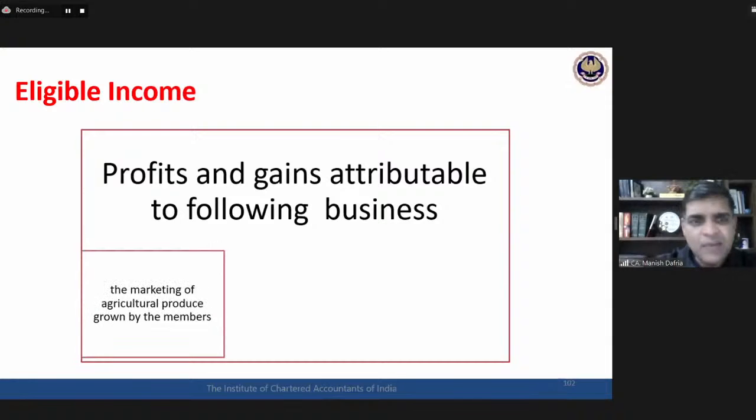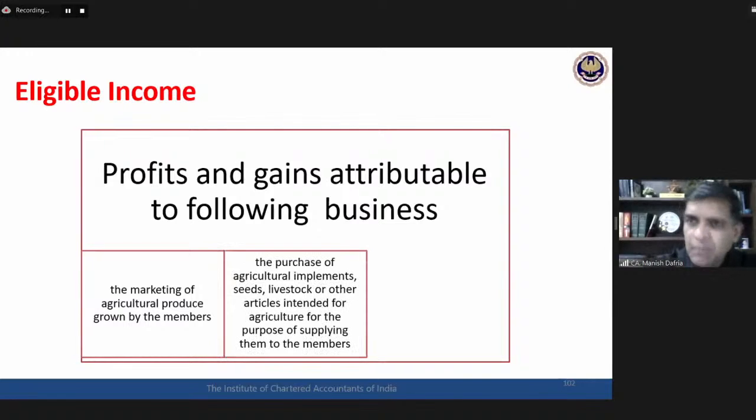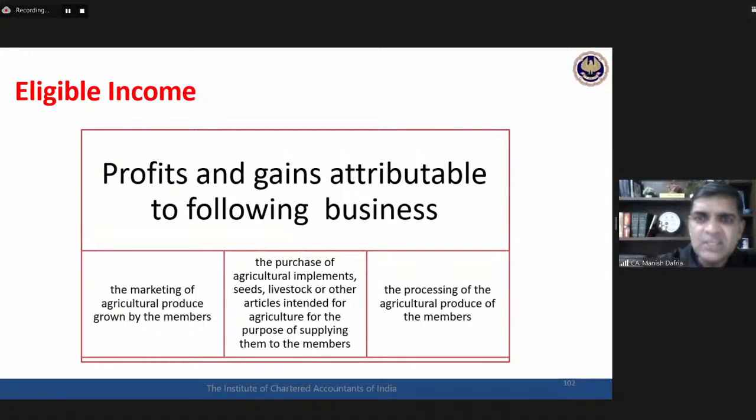Two or three types of businesses are there. Again, marketing the agricultural produce grown by the members, purchase of agricultural implements for the purpose of supplying to the members, and processing of the agricultural produce of the members. Here, this processing may even be with the aid of power. For a cooperative society, it was without the aid of power. The other two activities are exactly the same.